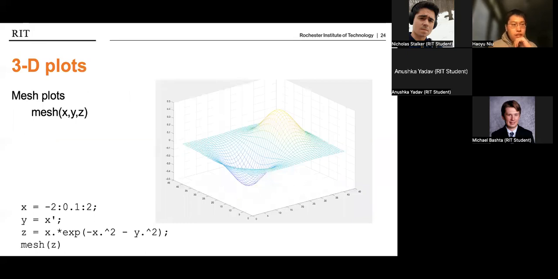The next is 3D plots. The 3D plots in which we are interested in this class are plots of functions of the form z equals f of x and y. So X and Y are the plane coordinates, and Z is plotted as the height.